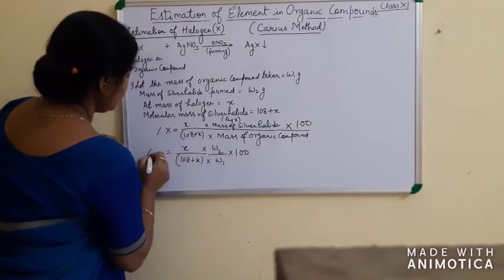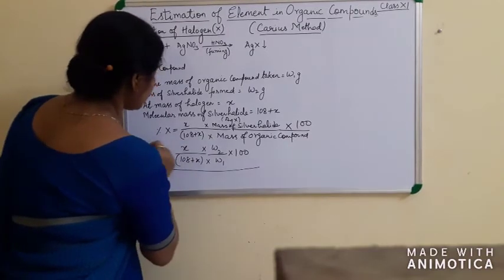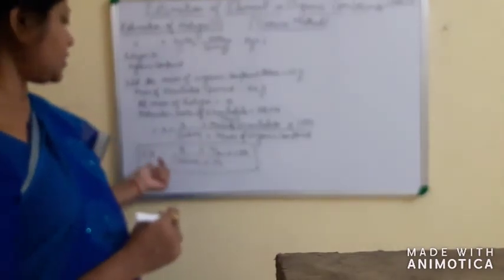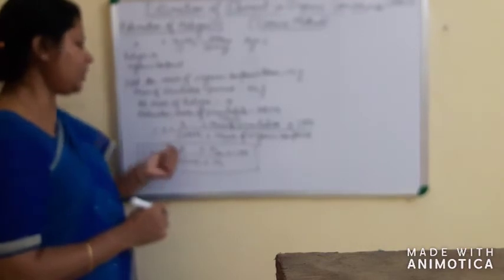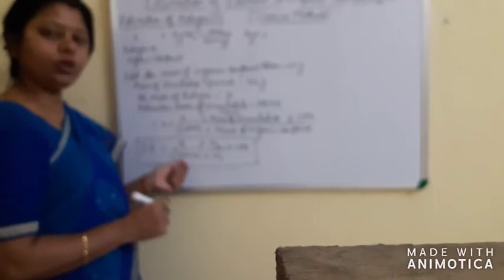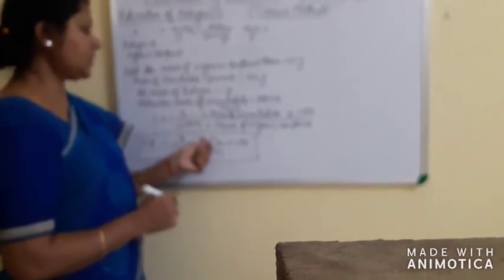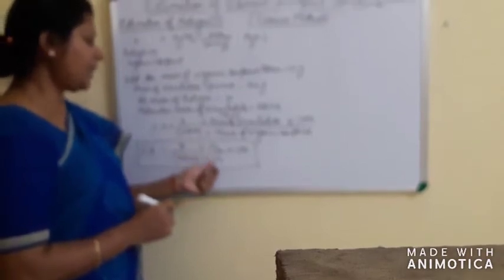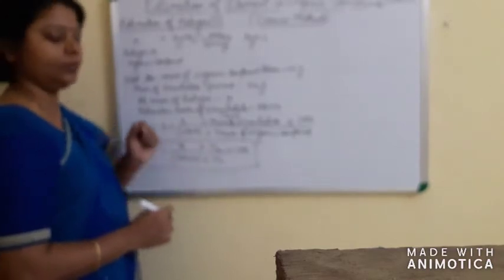This is the formula to calculate the percentage composition of halogen, if you know the atomic mass of halogen, molecular mass of silver halide, mass of silver halide and mass of the given organic compound.